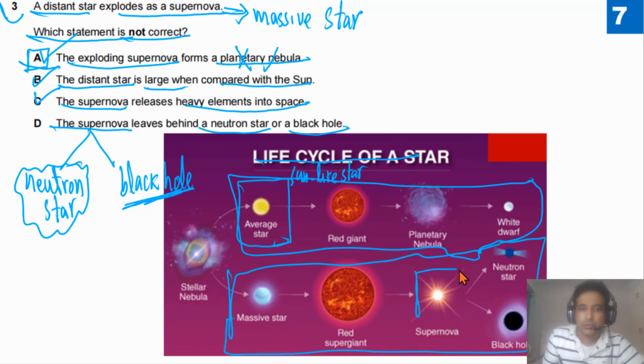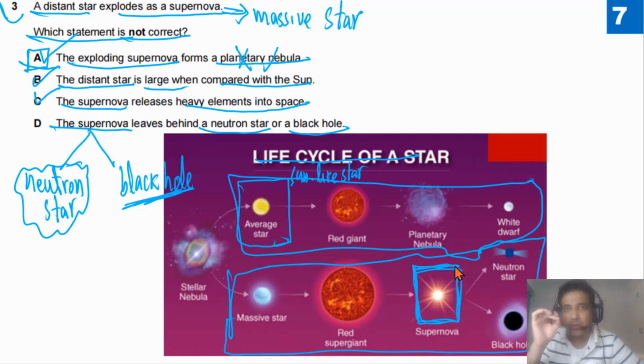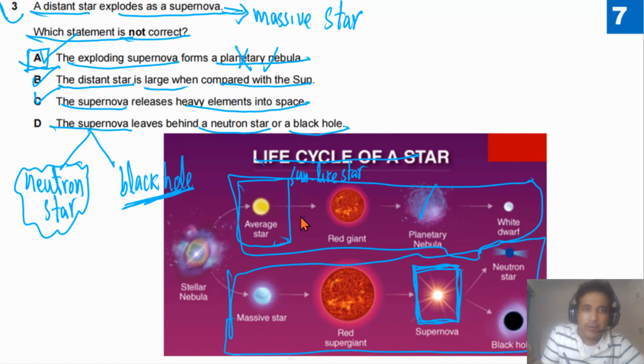You can see supernova is part of the life cycle of a massive star. That's the reason the answer for this question is A, because A is incorrect. This is planetary nebula, which is part of the average star, meaning sun-like star.